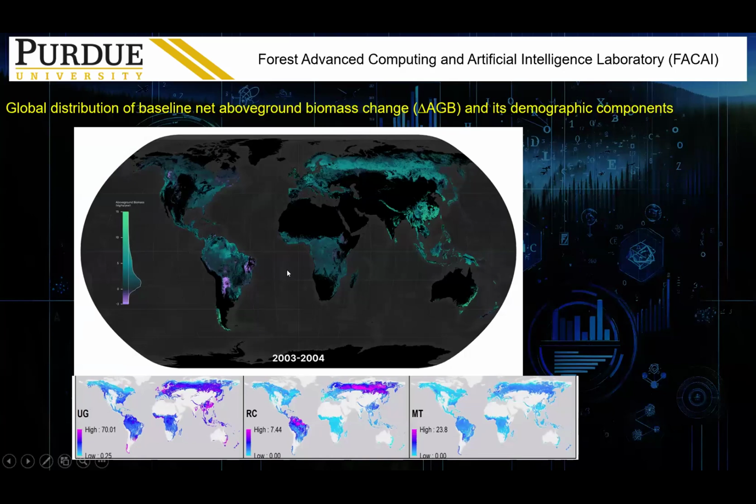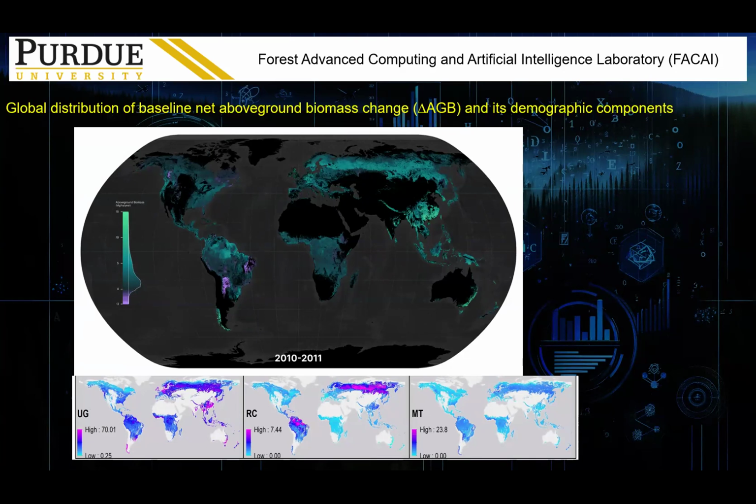And this map here shows the dynamics of above ground biomass change rate, or DAGB, on a per year basis from year 2000 to year 2020. And you can see how those subtle numbers change across the whole forested range across the whole world.